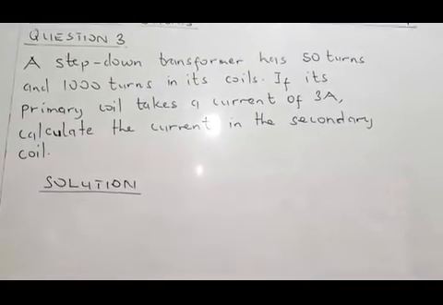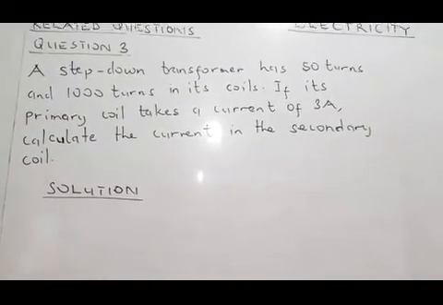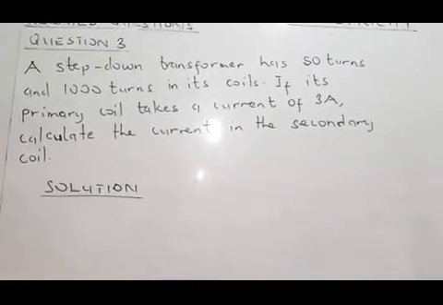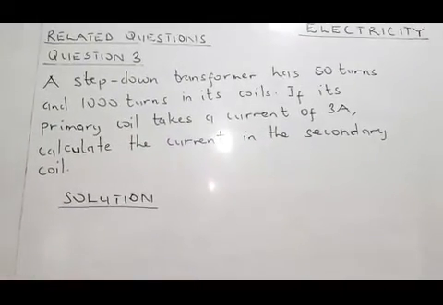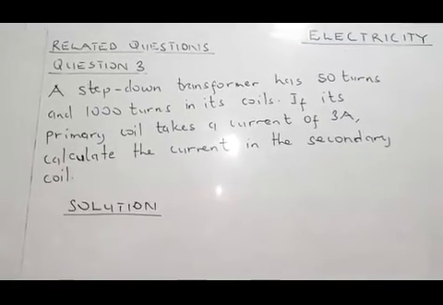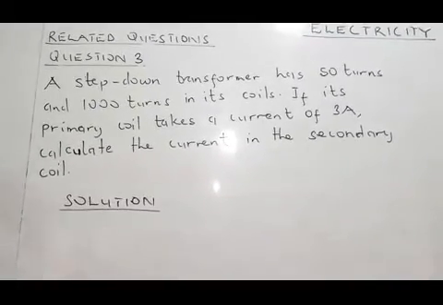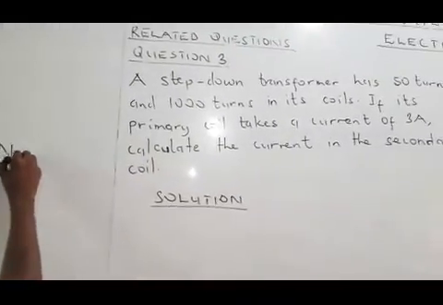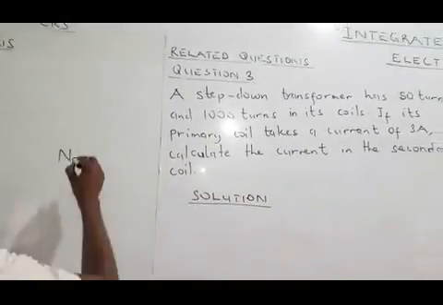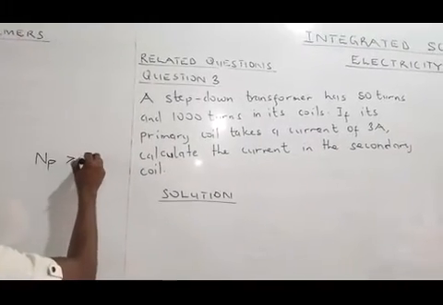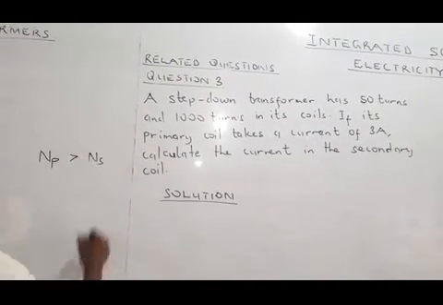We said that for a step-down transformer, the number of primary turns is higher than the number of secondary turns. So this was the property for step-down: NP is greater than NS.